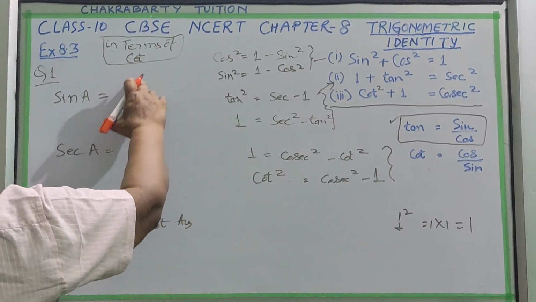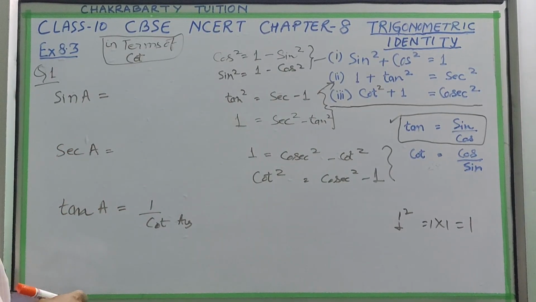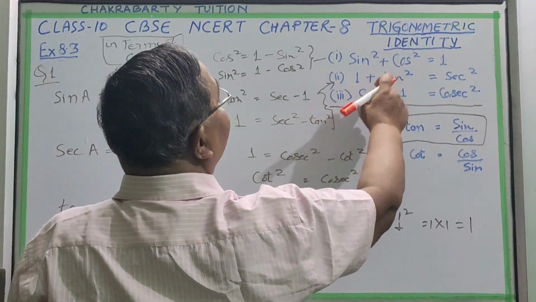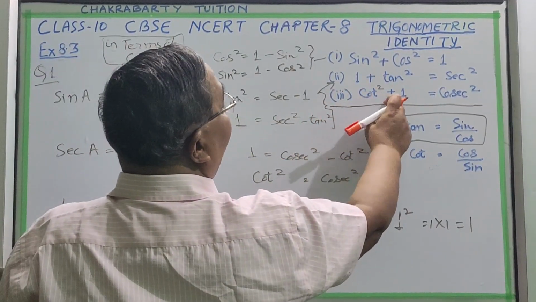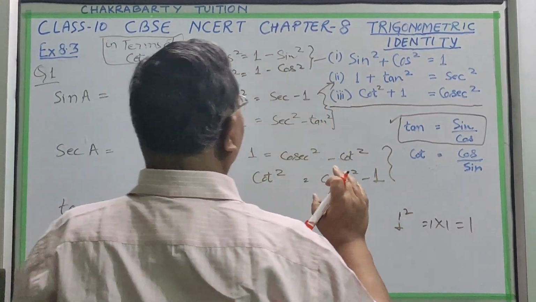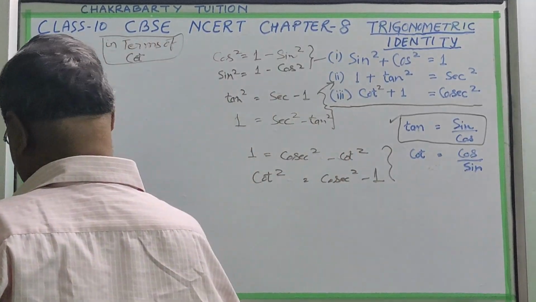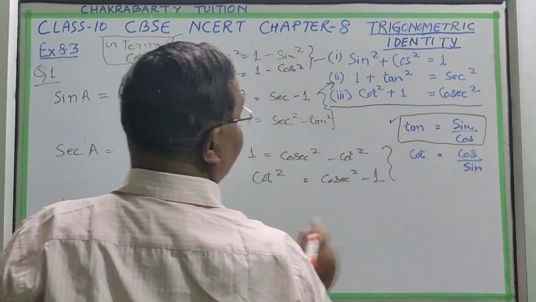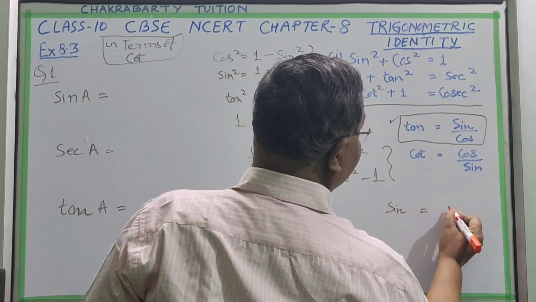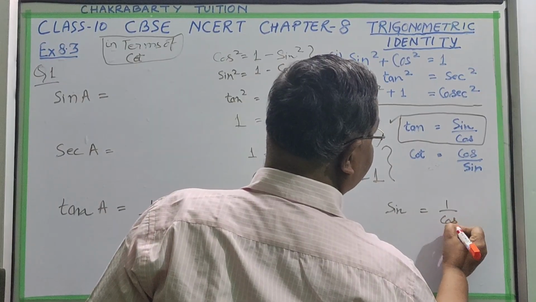Likewise here also your answer should have a cot in that. First we will make sin A. Here cot is there and cosec is there. Another thing you remember from the first chapter, when we were discussing ratios: sin is equal to 1 upon cosec.